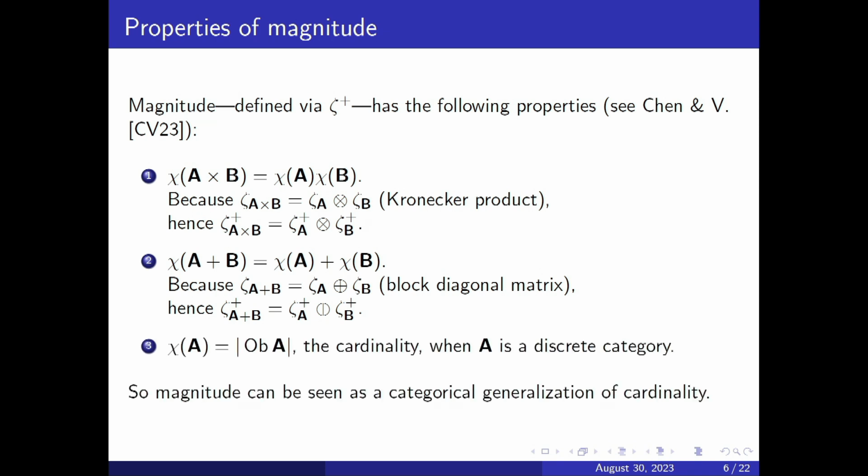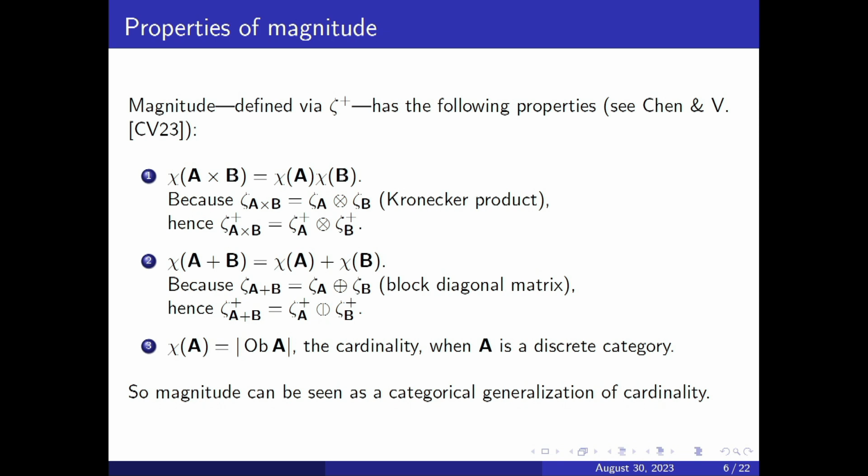And ultimately, when you consider a discrete category, a category that has objects, and the only arrows are identities, so arrows that go from an object to itself and don't do anything, like an identity map, then this magnitude is the cardinality of the set of objects.